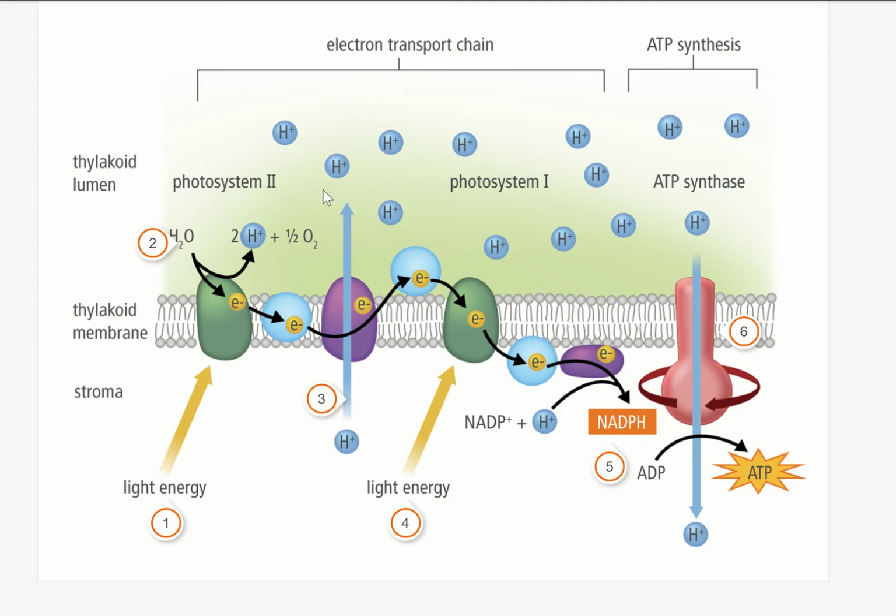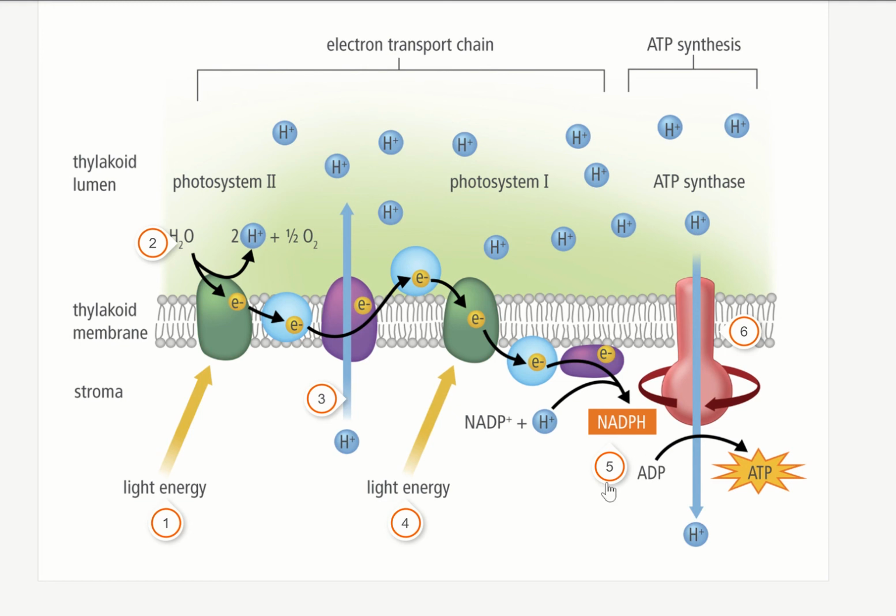Now, I'm not going to hold you accountable this year for understanding every single step of the electron transport chain, which is what we call the light dependent process. But what you can see here is that right here, we are going to have water. And water, we know plants need to survive. And the reason is because it is going to be broken apart. And when it gets broken apart into hydrogen ions and oxygen, the hydrogen ions are going to come up here, and then they're going to come through this ATP synthase, through this protein.